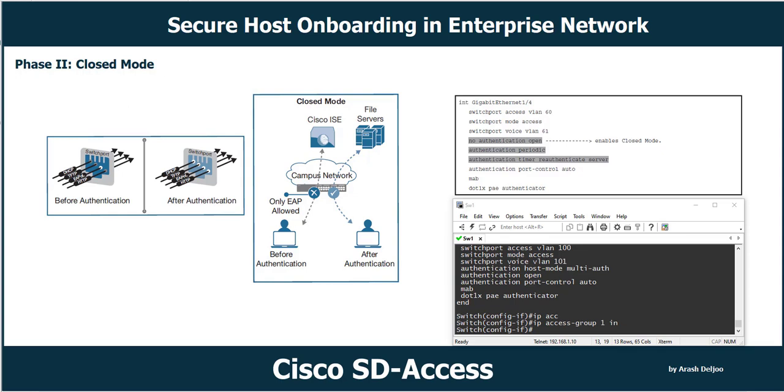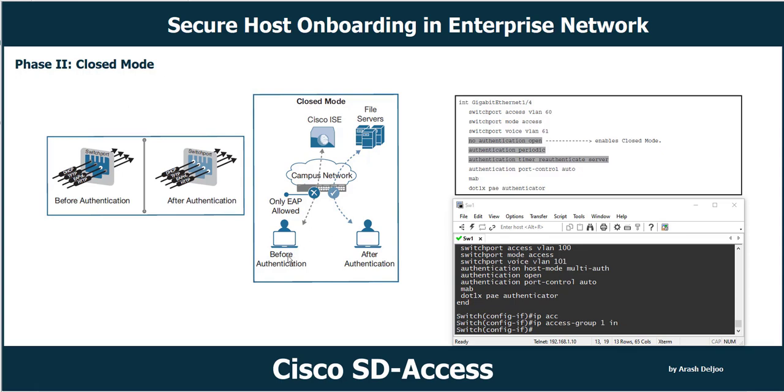By isolating traffic from different classes of users into separate VLANs and also scalable group tags, closed mode provides the foundation for virtualized network device services. And devices that cannot authenticate or fail to authenticate retain the same level of access that they had before authentication. In other words, they have no access to the network, because in closed mode, denying access is more desirable than providing limited or guest access.